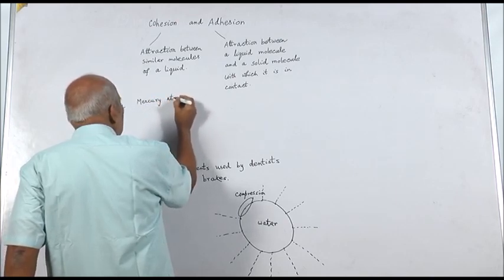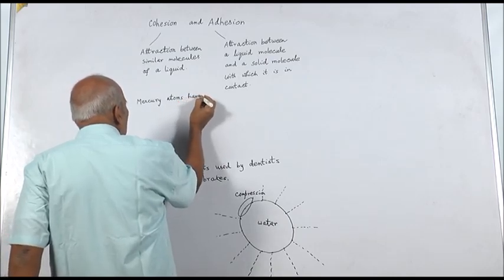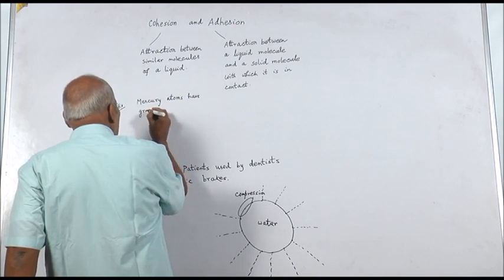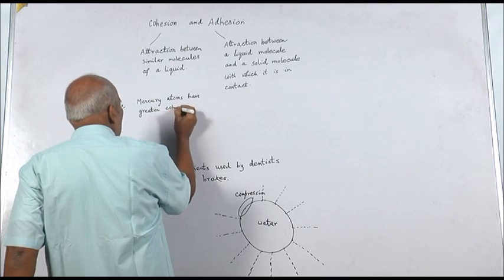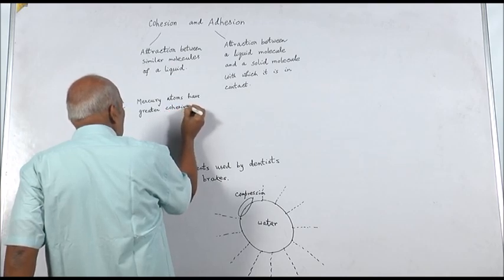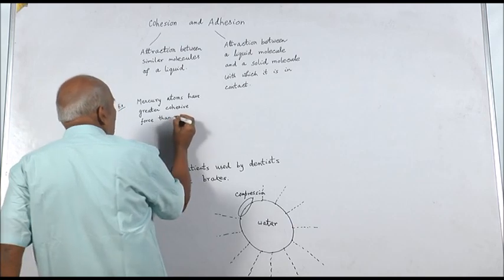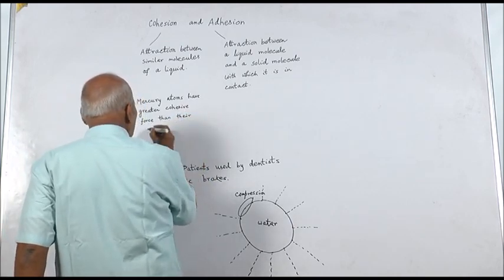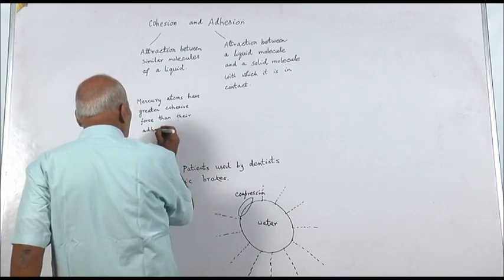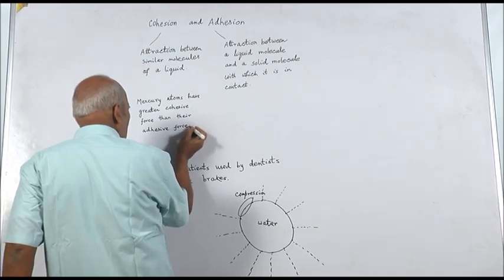Mercury is a liquid, so mercury atoms have greater cohesive force than their adhesive force with glass.